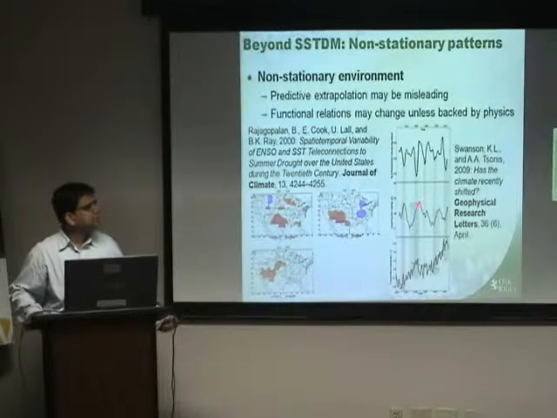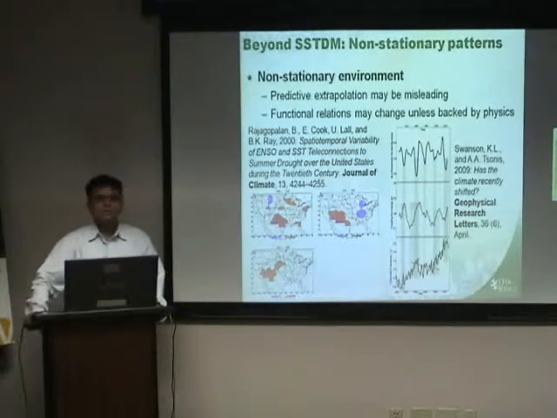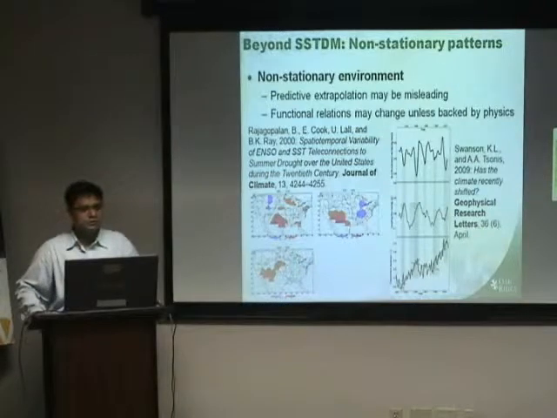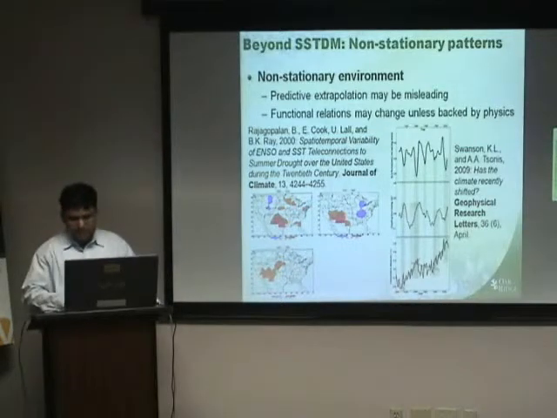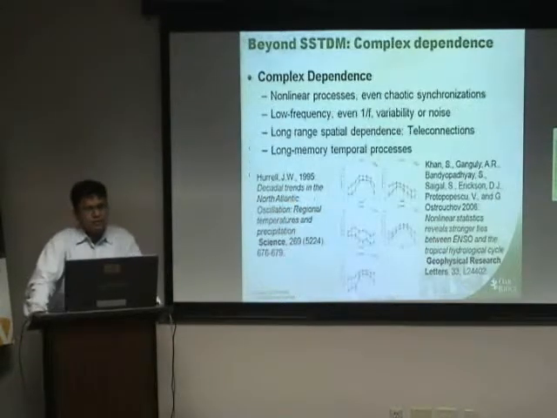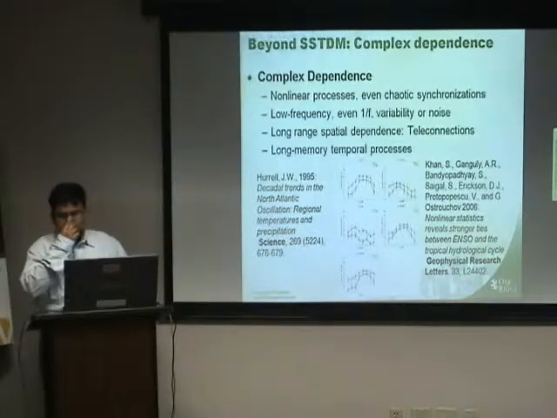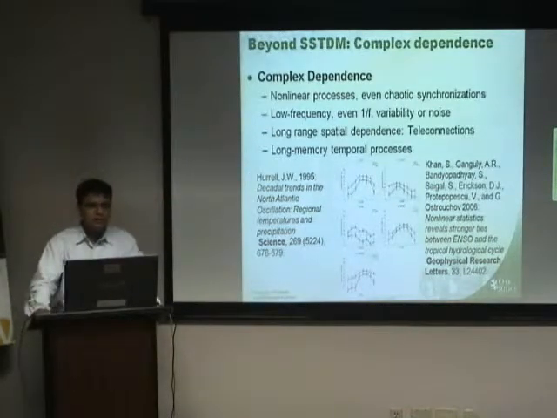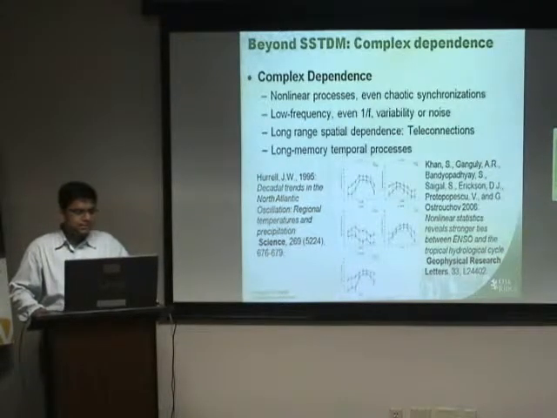Certain broad behaviors of climate have changed earlier, and this is not because of any anthropogenic cause or global warming, or potentially not because of them, just natural changes in teleconnection patterns. There are fairly complex dependence structures because the processes are nonlinear and could be even chaotic. There are low frequency noise, long range spatial dependence.